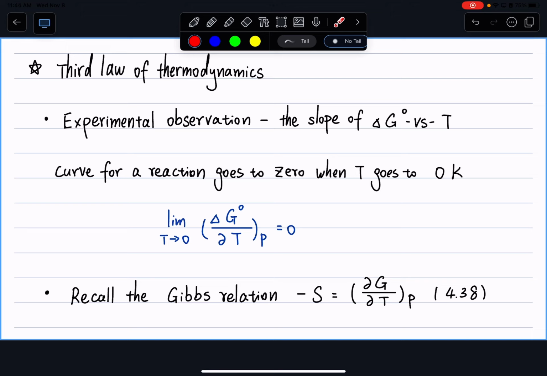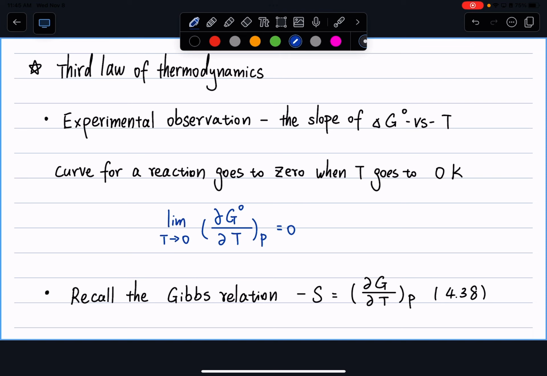That slope is telling you the change of your delta G naught over temperature at constant pressure; when T is approaching 0, this derivative goes to 0. This one should be a partial derivative, sorry.